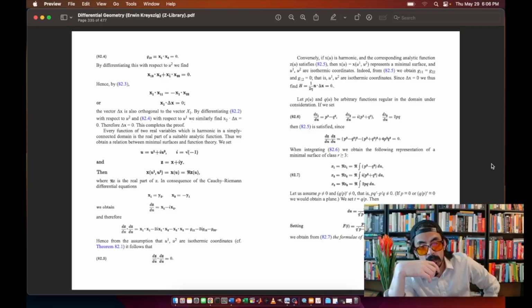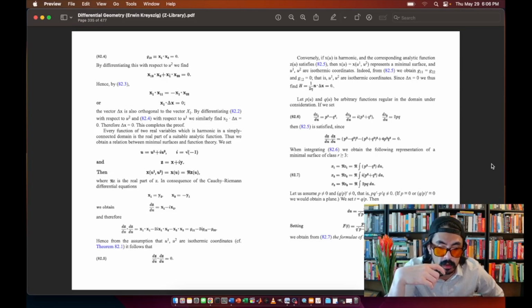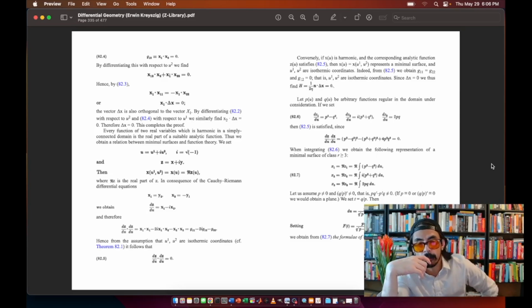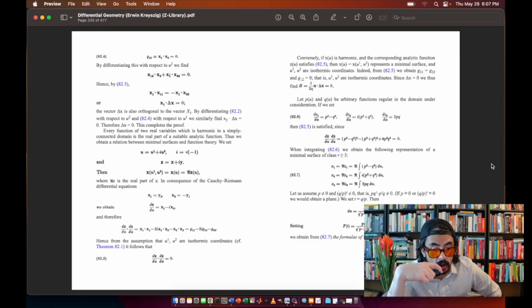Then x, the vector in terms of, say, coordinates u1 and u2, is equal to vector x in terms of just u, which is equal to the real component of the vector z of u. I've said before, I thought that that was a calligraphic character, but it's a German character. But that R is what I'm referring to there, and it just means the real component of this complex valued function. Oh, and here it says where Germanic R of z is the real part of z.